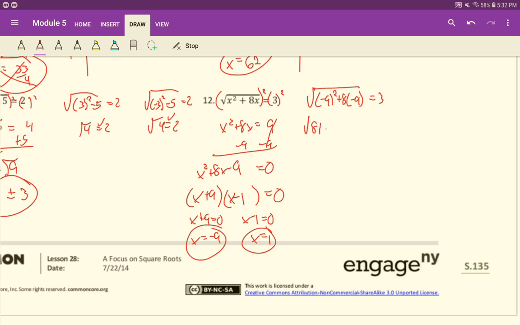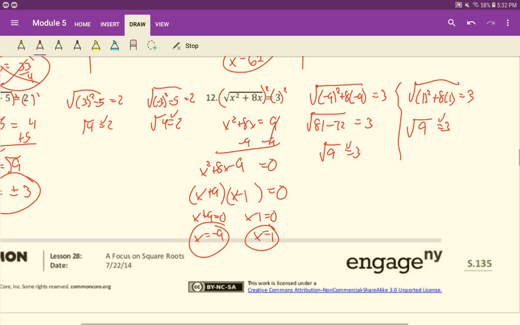Negative 9 times 8 will be negative 72. 81 minus 72 is 9. And the square root of 9 is 3, so check that works. Okay, alternatively, let's plug in 1. 1 squared plus 8 times 1 equals 3. 1 squared is 1, plus 8 is going to be 9. And check that works too. So both negative 9 and 1 work.